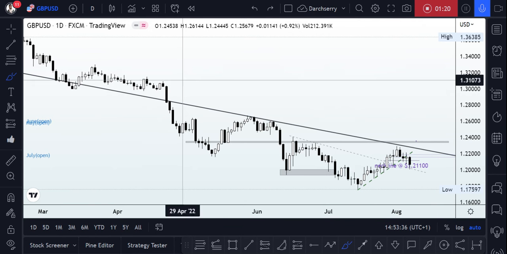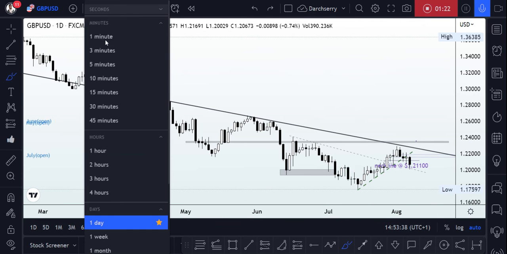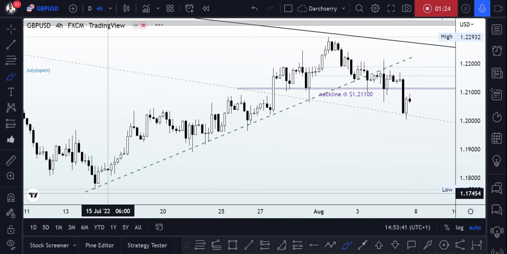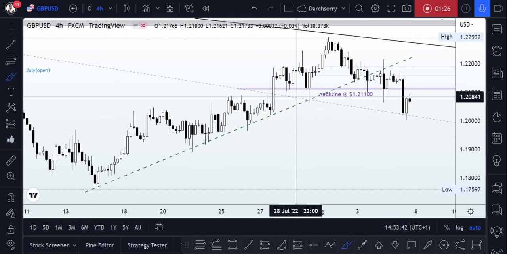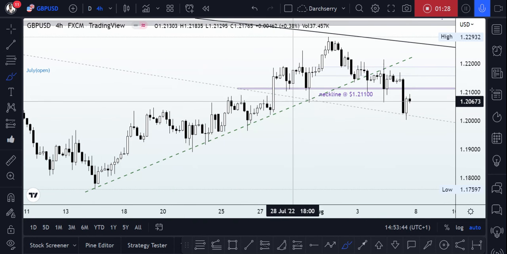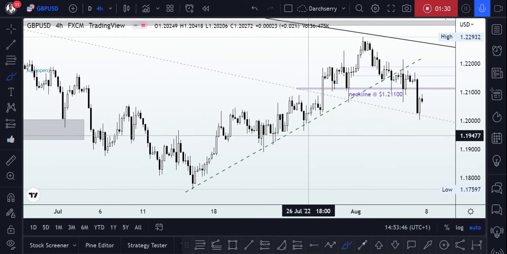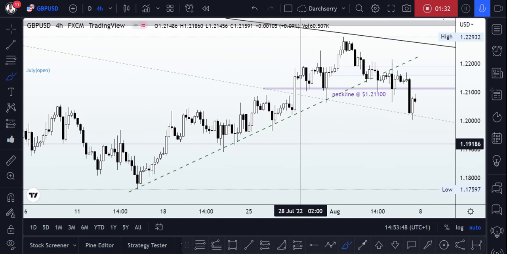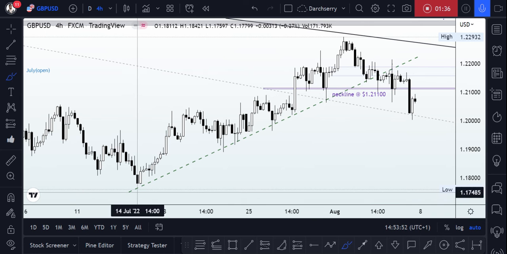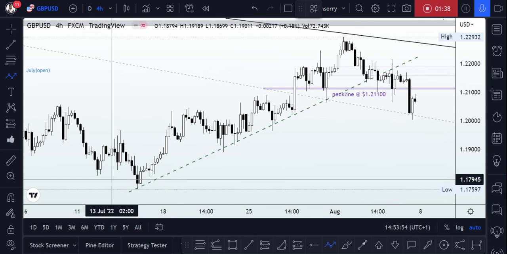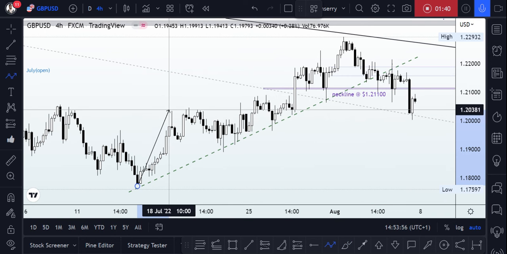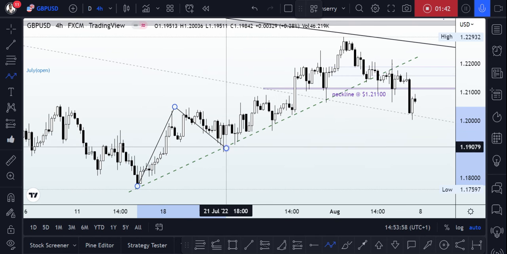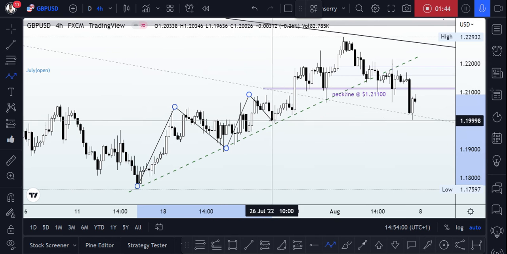Now let's scale down to a much lower time frame, and I was able to go down to the 4 hours time frame to see what structure has been giving us in the last couple of weeks. If we look at the structure here on the 4 hours time frame, we can see that since the 14th of July, price has continued to respect a bullish trend line, which I was able to identify after connecting the series of higher lows.